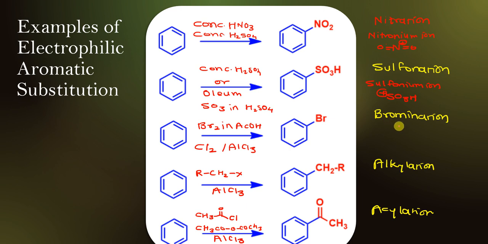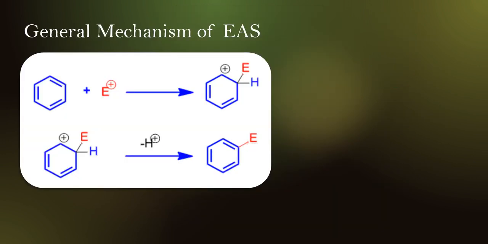When we are performing halogenation or bromination, it will generate the bromonium ion, Br plus. In case of alkylation it will generate a carbocation, RCH2 plus. And for acylation, it will generate the acyl cation, CH3CO plus, right? So these are the intermediates or electrophiles which will be generated in the reaction.